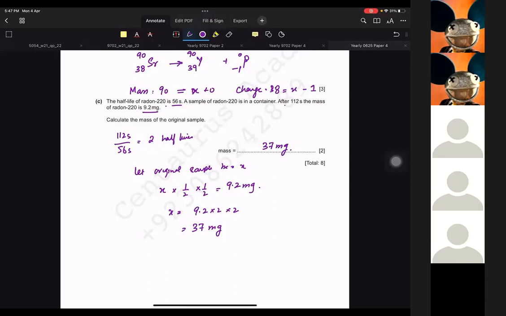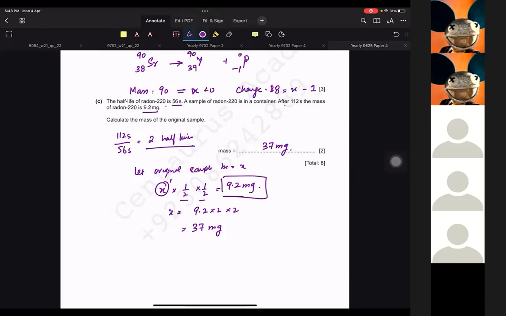Any questions you guys have? Why did you multiply 2 twice? Why not once? Because for the original sample, if there were 2 half-lives, Adya, you halved it once and then you halved it twice to get this value. Do you understand? Yes. So after it was halved 2 times, you got this answer.